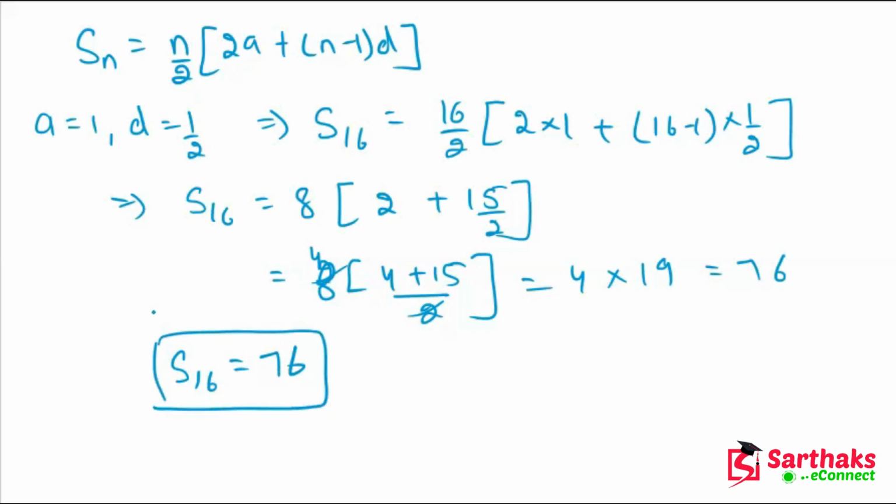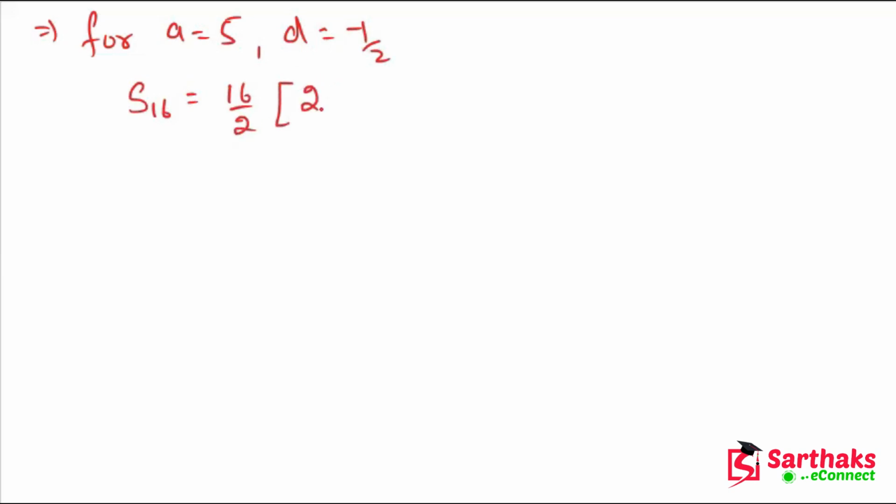Now for the value of a is equal to 5 and d is equal to minus 1 by 2, we have to find S16, that is 16 upon 2, into 2a, that is 2 into 5, plus (16 minus 1) into minus 1 by 2.